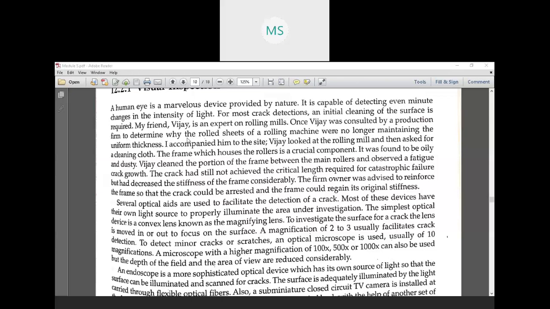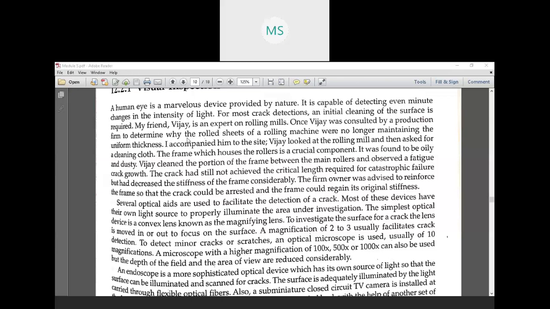So, as a periodic inspection, when the person went near to the rolling mill, he found that due to the non maintenance of the system, the dirt and dust formed on the surface of the plate, which results in the deposition and decomposition of the surface of that plate.